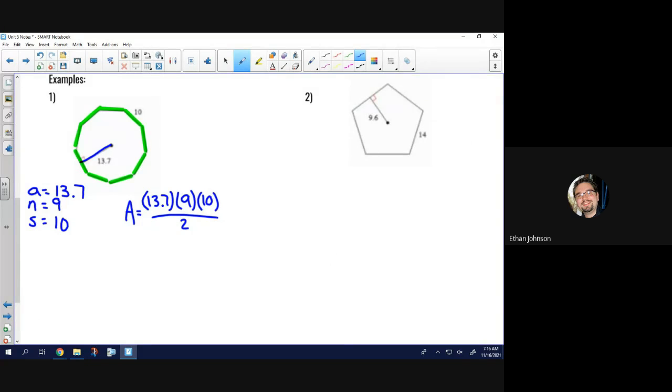Now, if you type it in exactly how it is written, parentheses 13.7, close parenthesis, 9, close parenthesis, 10, close, divide 2, the calculator will spit out your answer for you. In fact, it spits out the area being 616.5. Now, we don't have units of measure in this problem, so I'm not going to worry about inches squared, feet squared, or whatever.